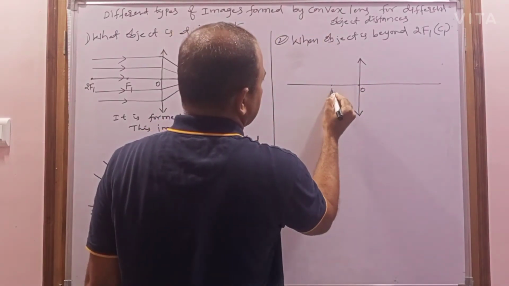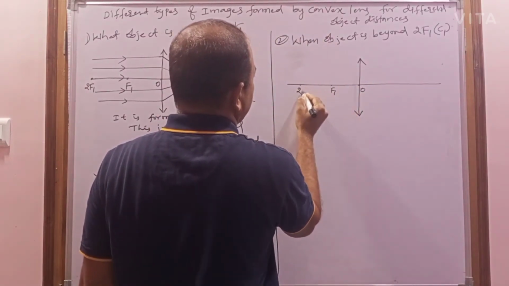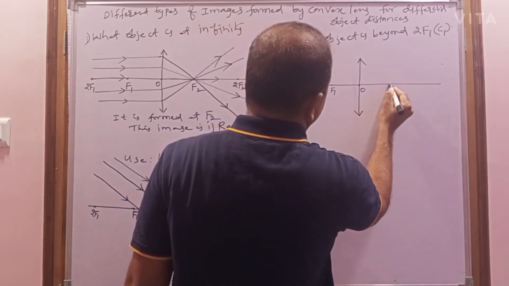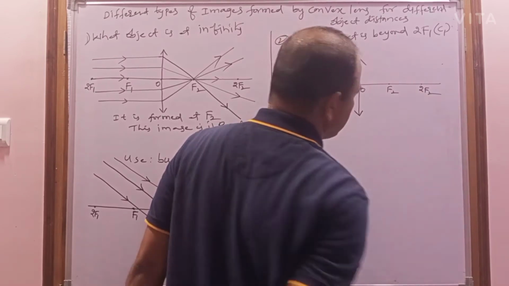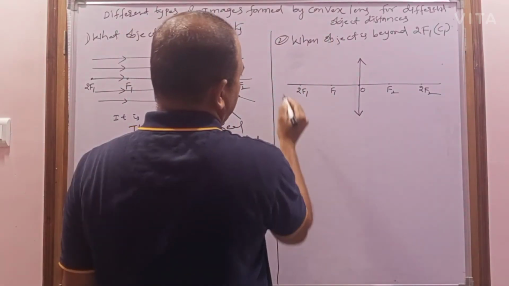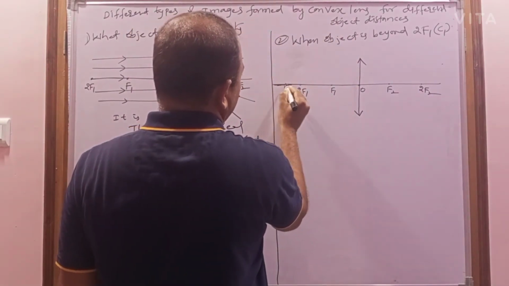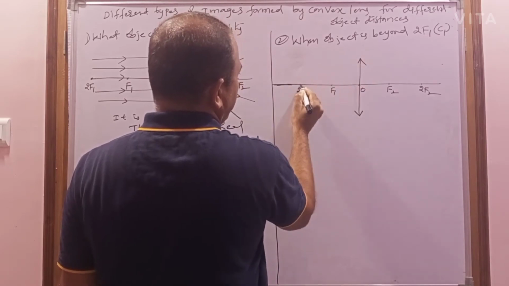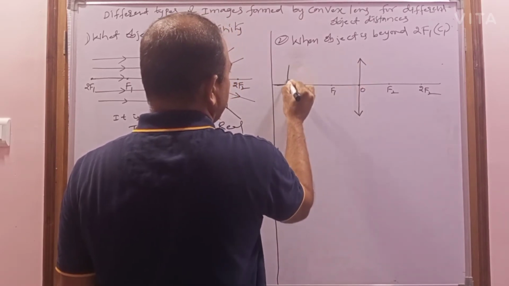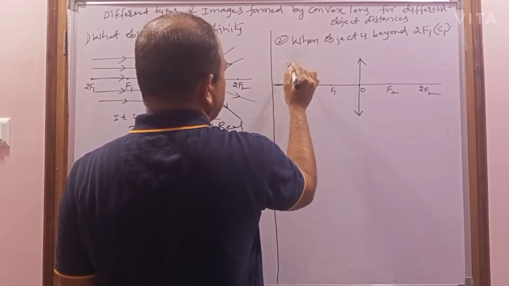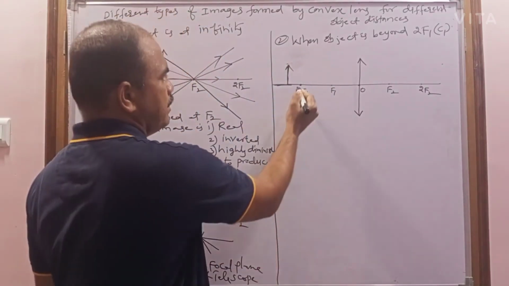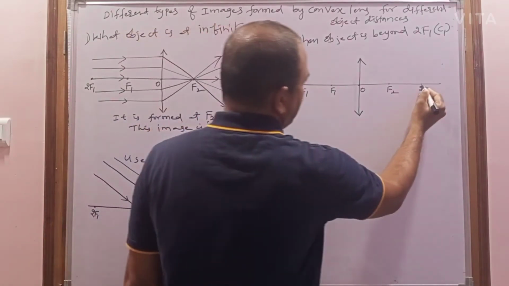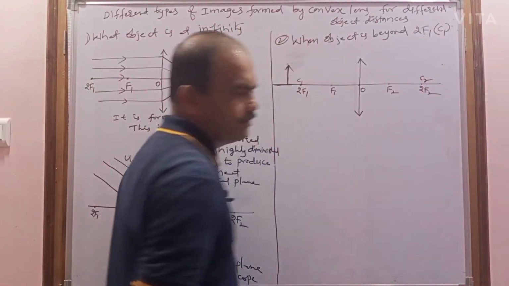This is f1, this is 2f1, this is f2 and this is 2f2. Now consider the object is here, beyond 2f1 or beyond c1. This is also called c1 and this is also called c2.